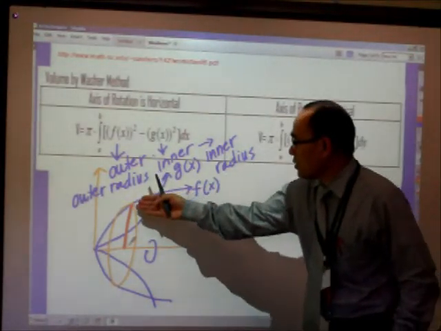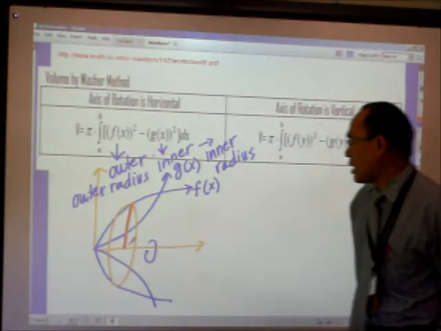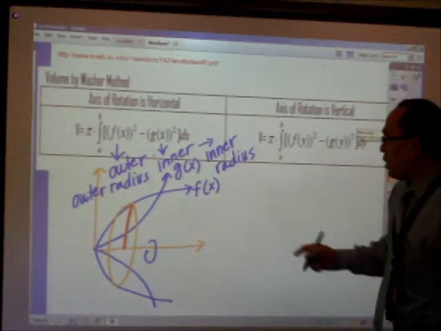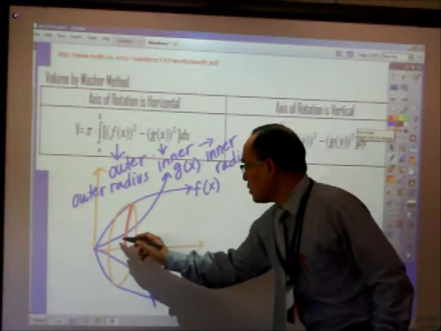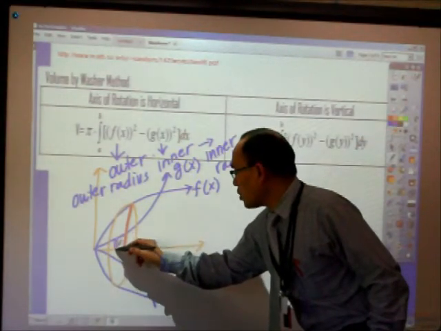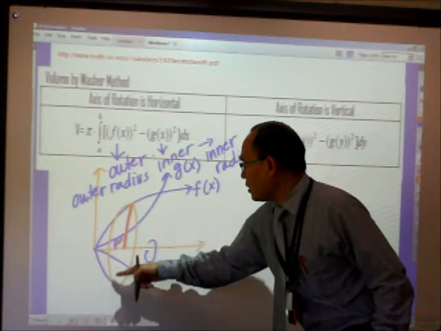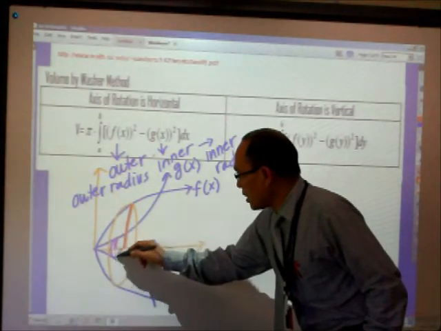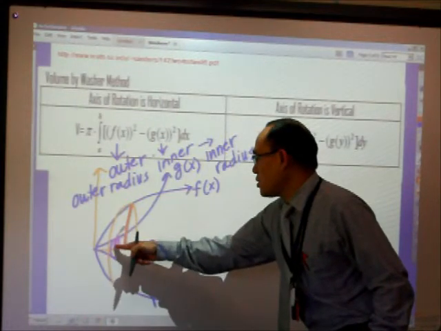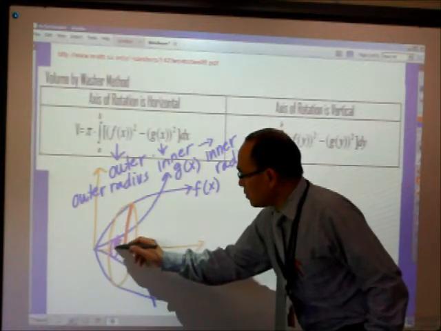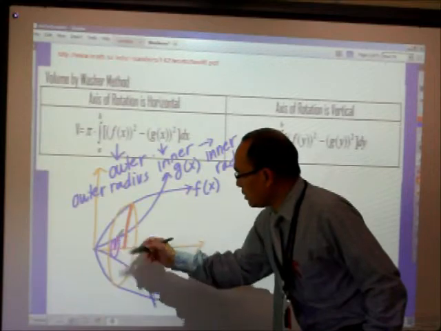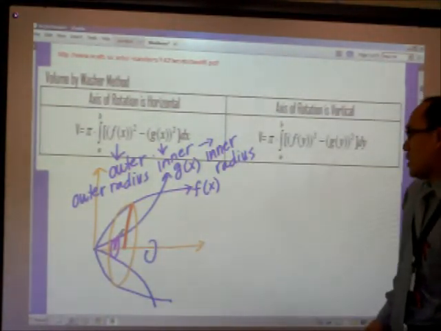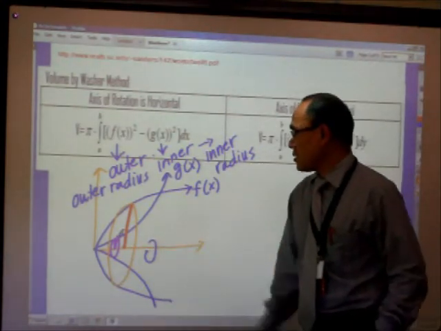That's why we can consider this as well as the outer radius. And if we are going to consider the inner function and draw a vertical line here and rotate it about the x-axis, we will have a disk again. And this part here, a rectangle, can now be considered the radius. That's why we call it inner radius.